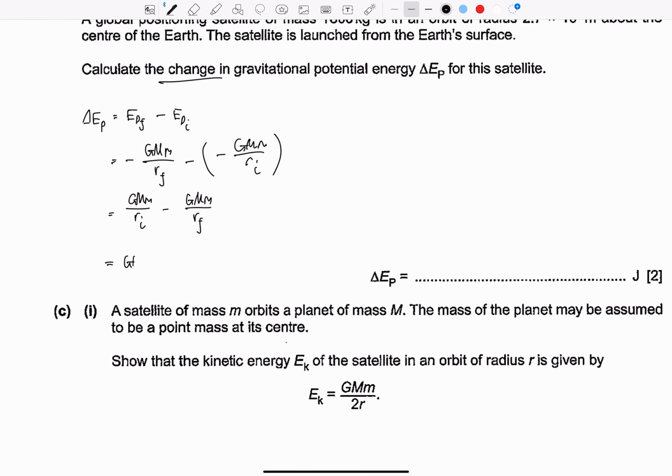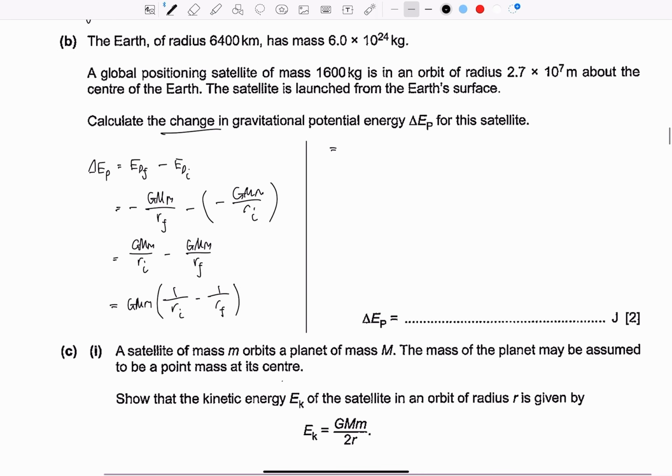Factorize out GMm to get 1 over r initial minus 1 over r final. Alright. Now G is the gravitational constant, sub that in. The big M is the mass of Earth, which is 6.0 times 10 to the power of 24.